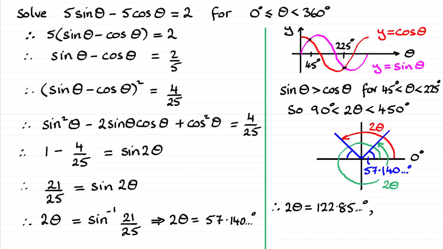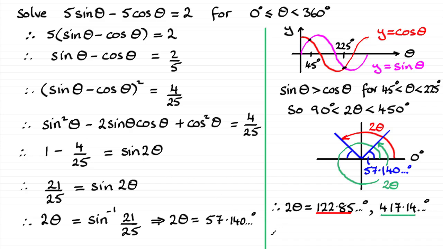And I'll just mark that in as the red one. And for the green one, that's going to be 360 degrees plus another 57.140 degrees. And that's going to give us 417.14 and so on degrees. And just mark that in as our green version for 2 theta.